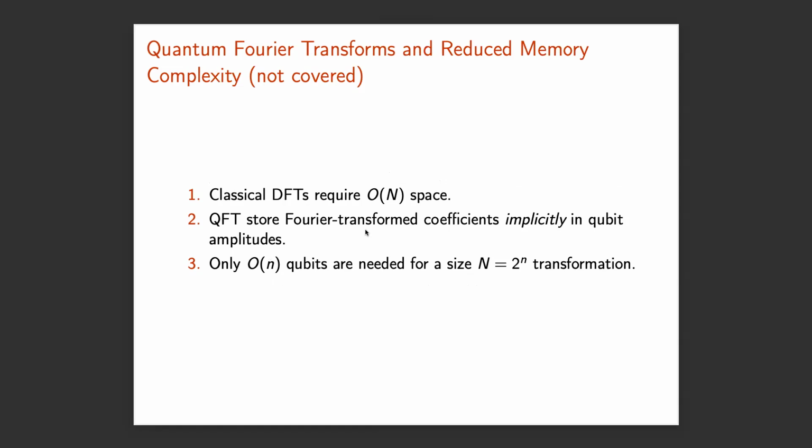This is about the QFT, how they store the information, and also the number of qubits which are needed for a specific type of transformation. So the uppercase letter N in the notes here is going to represent all the possible realizations. Because if you have a bit-based system, bit 0 and 1, and you then have n qubits, the possible number of realizations which you have is 2 to the power of n.